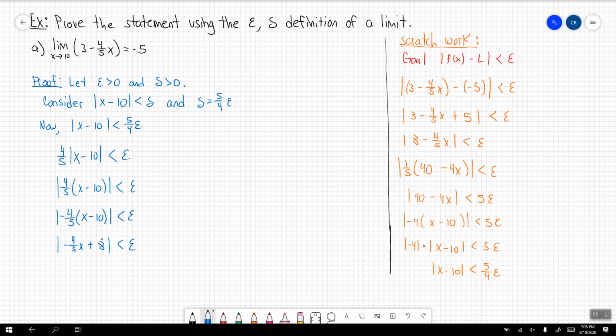I now need to decompose this number 8 in terms of the function value that was given to me as 3 and the limit output of -5. That turns out to be kind of nice, because then 8 is now decomposed into +3 plus 5 is less than epsilon.